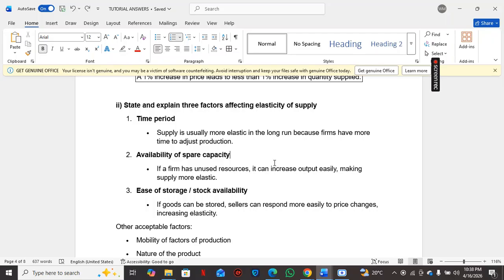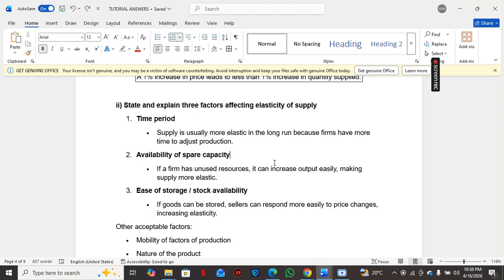So if there's spare capacity or unused resources, supply can be elastic, because if the price increases, you just engage the 5 combine harvesters and 5 tractors that were idle. You now utilize the 10 acres that was idle, and you'll be able to increase your supply.